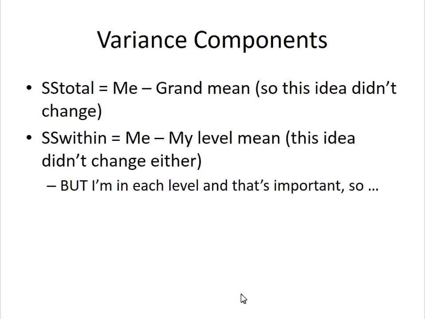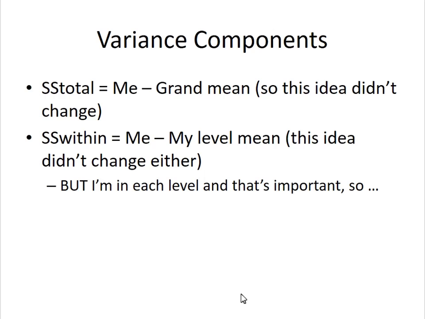But now we're really interested in the fact that we're using mean multiple times, and we've made our own little separate batch of cookies. Breaking that down into level minus the grand mean, this is good variance. Yay. And then whatever's left, this is bad variance.